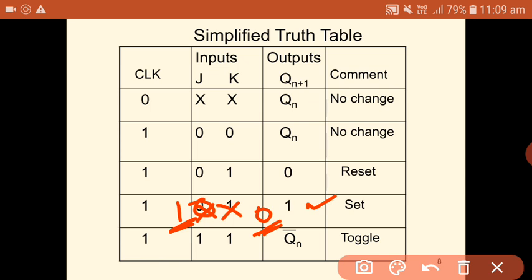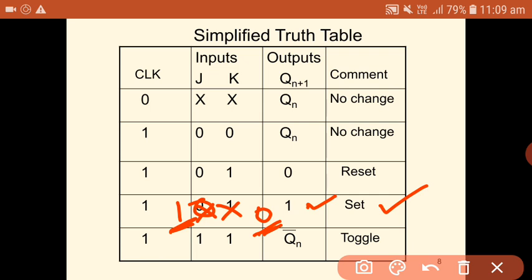The present output will always be equal to 1, independent of its previous output. That means the flip flop is in set state.